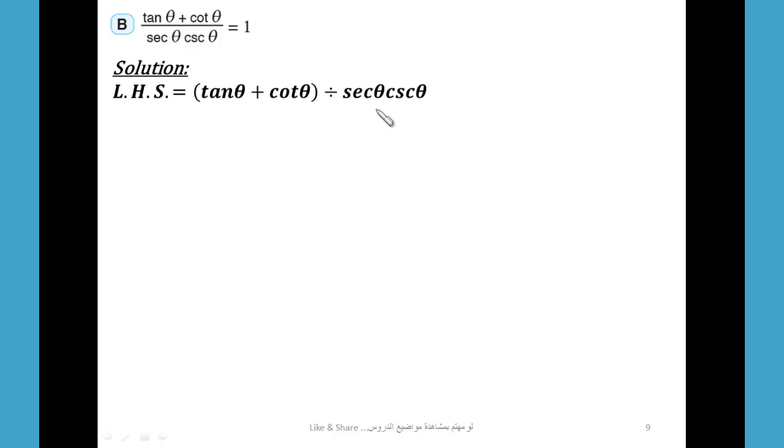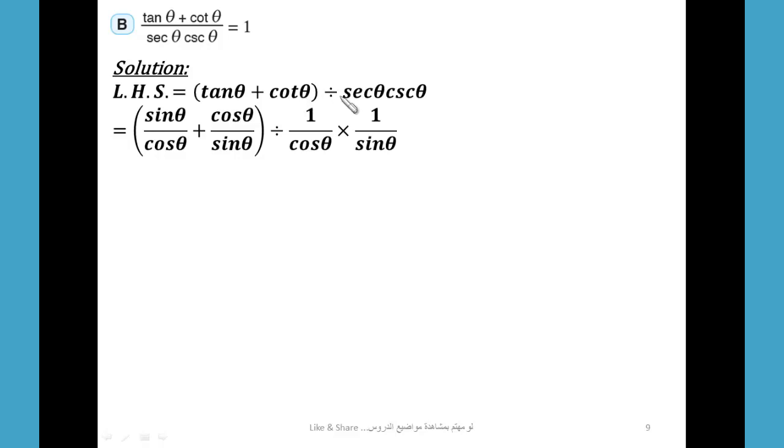We change tan and cotan, sec and cosec to sine and cosine. Most problems you can solve in this way, changing tan and cot, anything, to sine and cosine. Tan theta equals sine theta over cosine theta. Cotan theta equals cosine theta over sine theta. Sec is 1 over cosine. Cosec is 1 over sine.